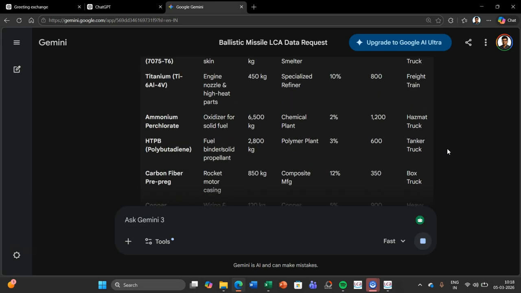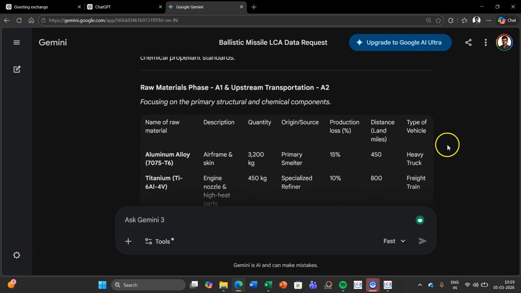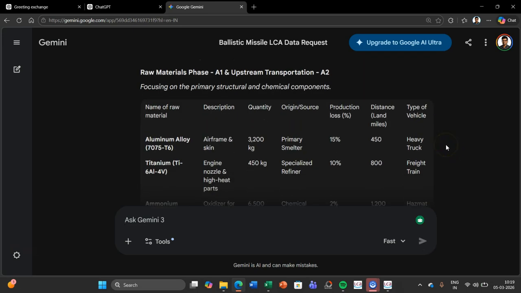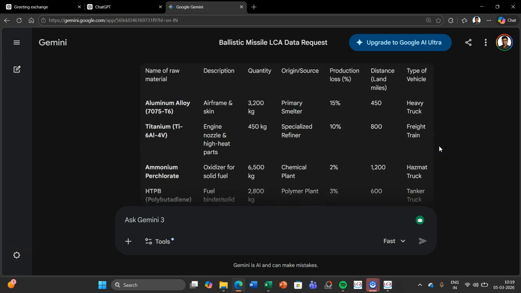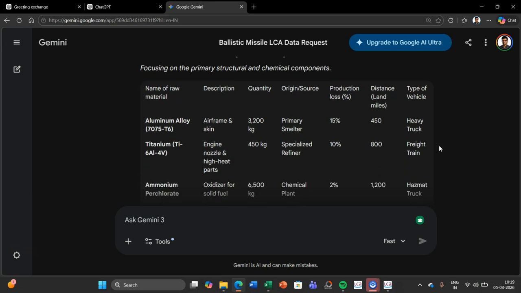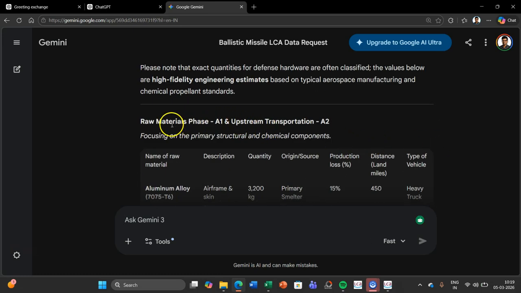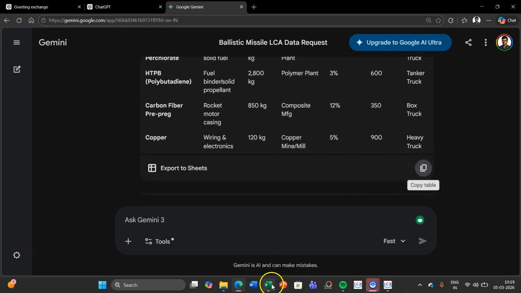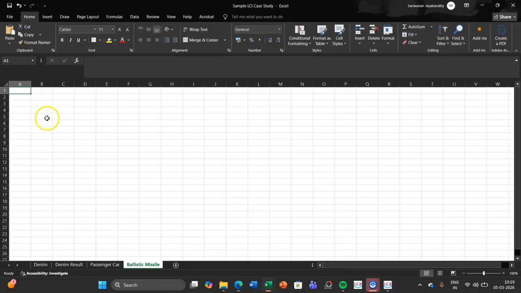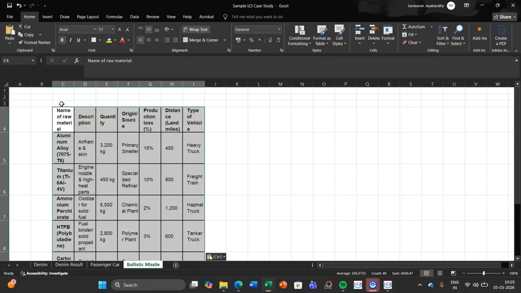Here it is. I don't know why ChatGPT did not give it. Okay, fine. We just need the data for conducting the LCA, right? So I think this is for raw materials A1 and A2. Okay, so let us copy this and put it in our table. Okay, great.